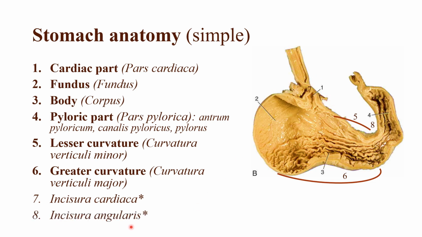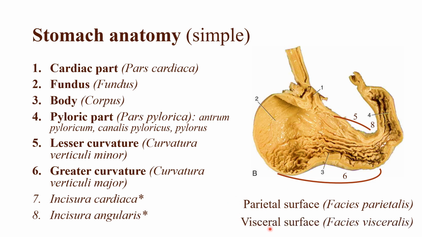And then we have incisura angularis, so basically the pyloric curve right here. Again, the stomach has two surfaces. One is the parietal surface, which faces the diaphragm, and then we have the visceral surface, which faces the rest of the intestines in the abdominal cavity.